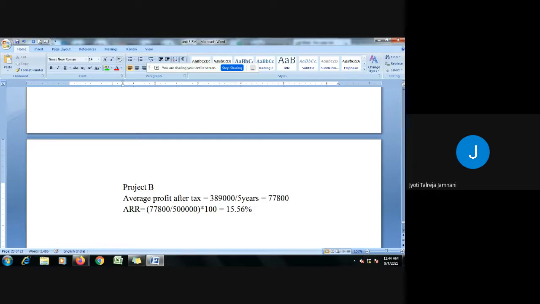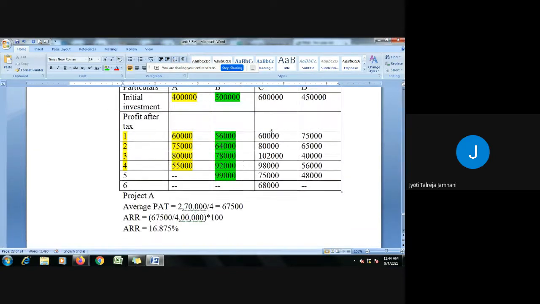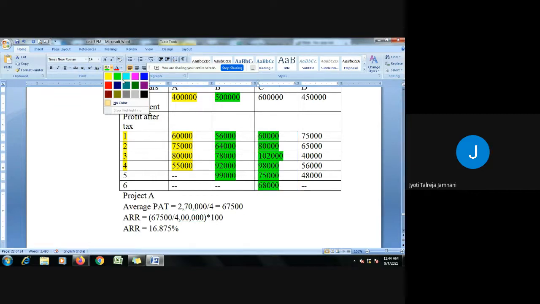Now let's do the same for project C. So for project C, average profit after tax is equal to, we need to see the total. Now this is project C and we need the total for all the 6 years.